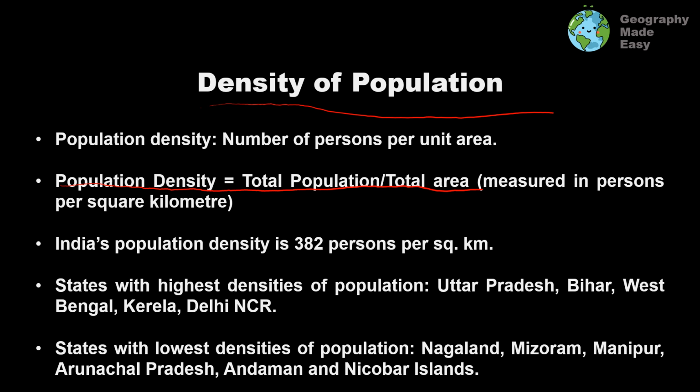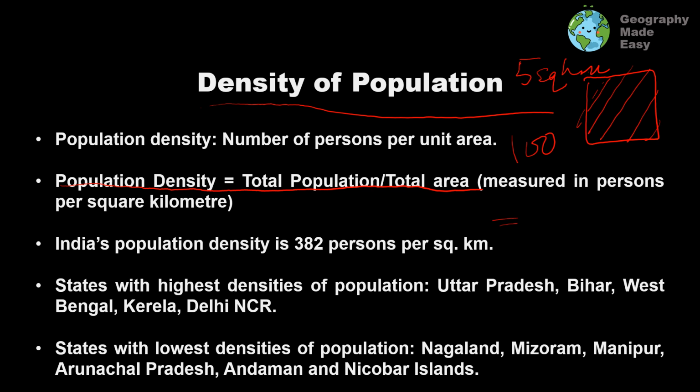So if we take a state or a particular area, we have to know the total number of people living in that area. If this area is around 5 square kilometers and we have 100 people living in it, the population density will be 100 people divided by 5 square kilometers.